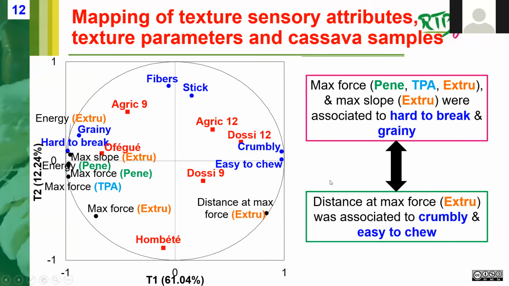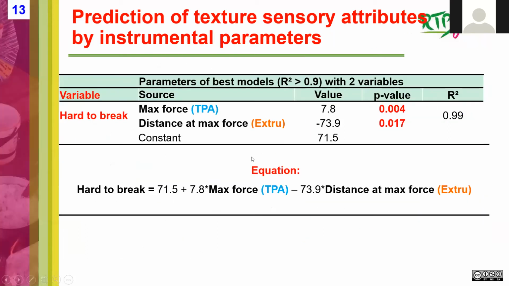We try to predict the texture sensory attributes using instrumental parameters, using also the best model with two variables. We determine the best model with the R-square, which should be above 90%.